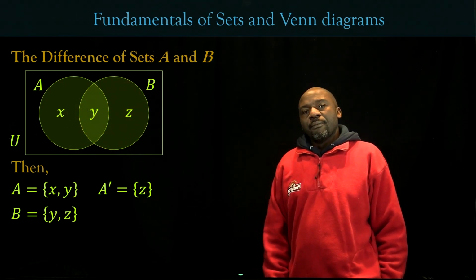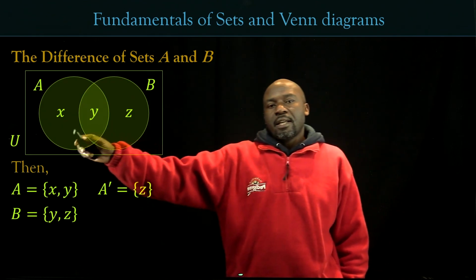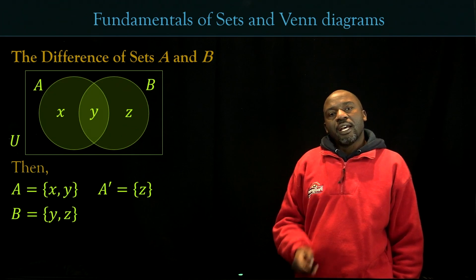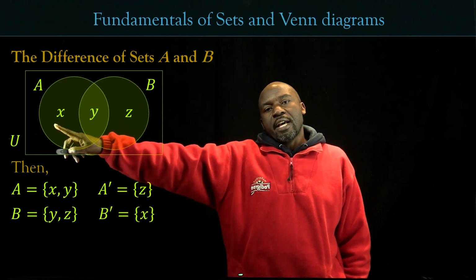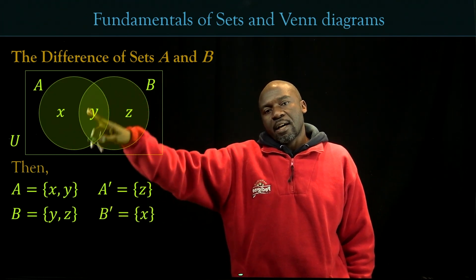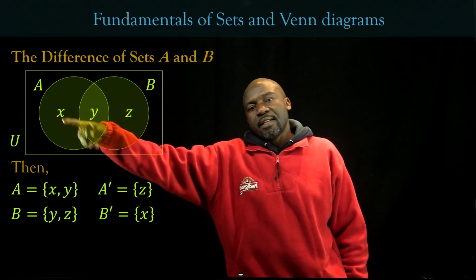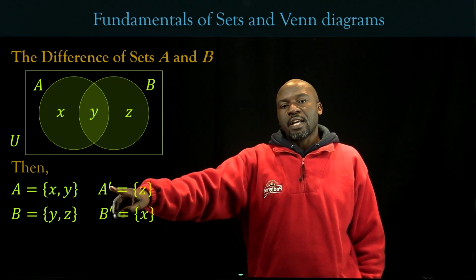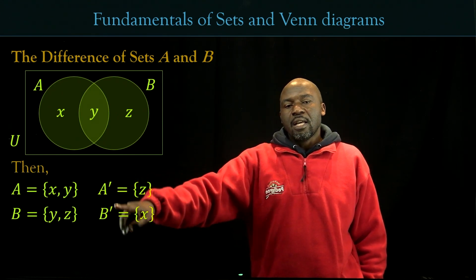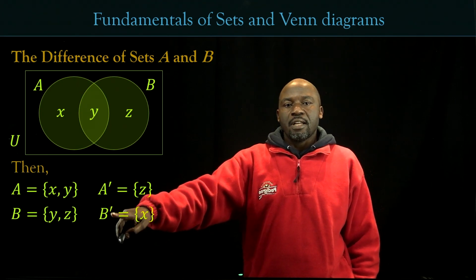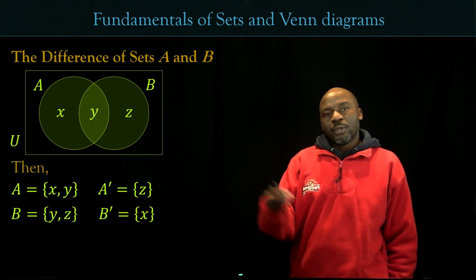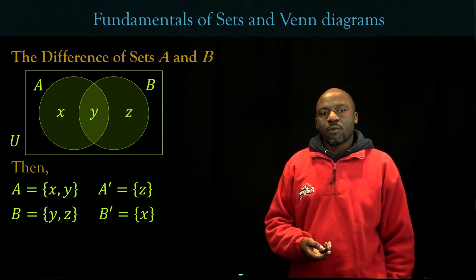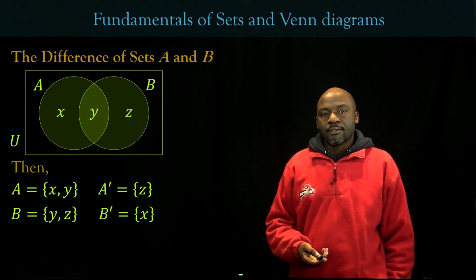Okay, so X and Y are in A, so the elements outside A is Z, and the elements outside B must be X. So Y and Z are in set B, and so X is outside the set B. So this is the complement of set A, which refers to the elements outside of the set A. The complement of set B refers to all the elements that are outside the set B, like that. So if we understand this, then life becomes very easy when we meet questions referring to sets, okay?